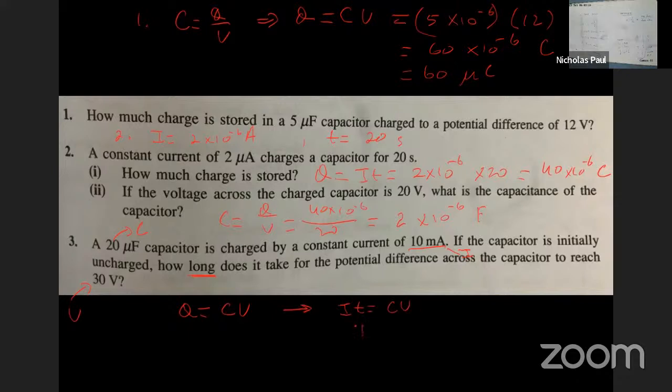So T is equal to CV all over I. C is the capacitance, 20 by 10 to the minus 6, V is 30, and I is 10 by 10 to the minus 3.